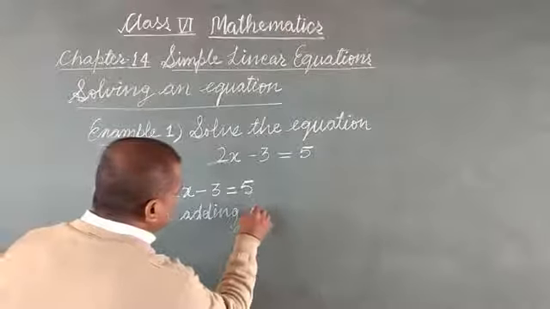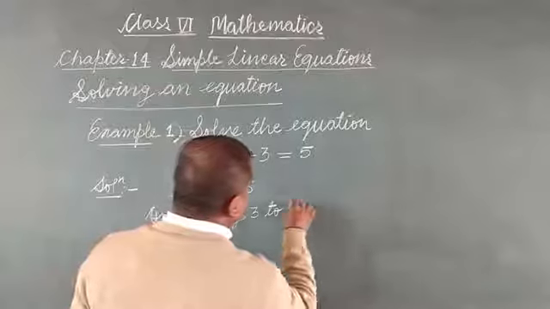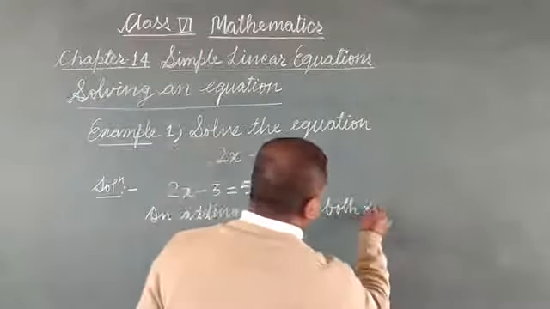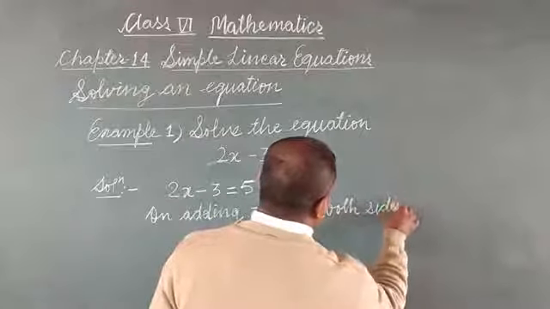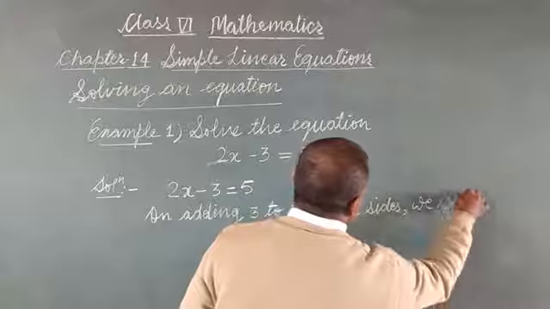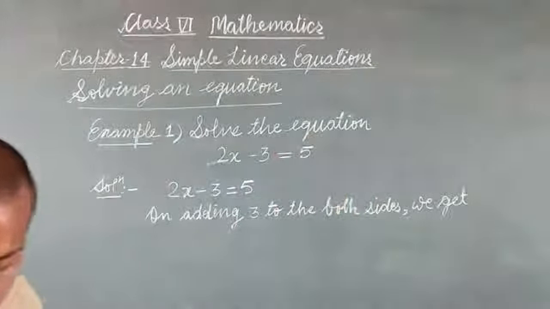on adding 3 to both sides, we get. So what we get? Look here.